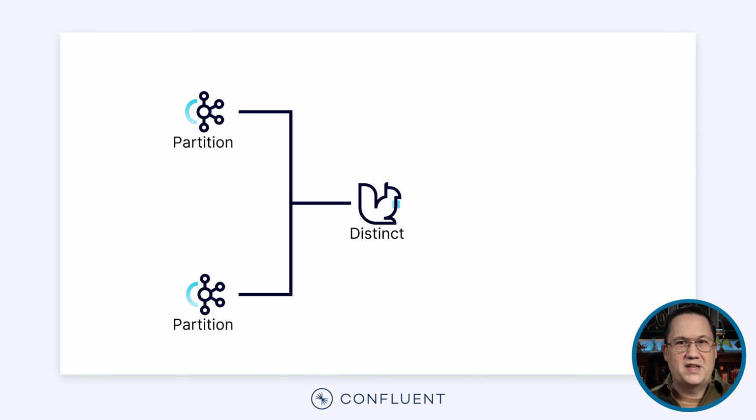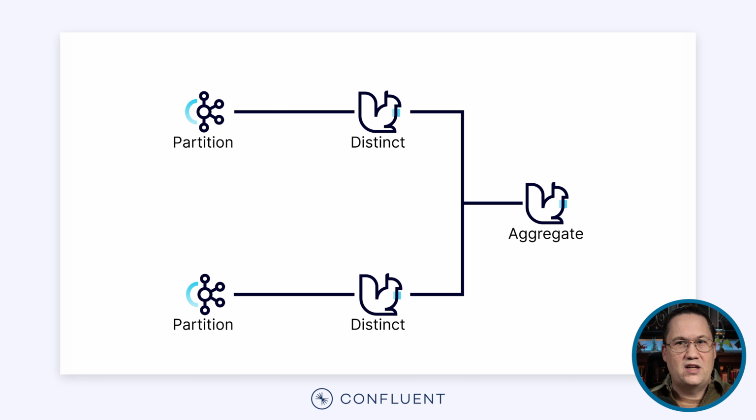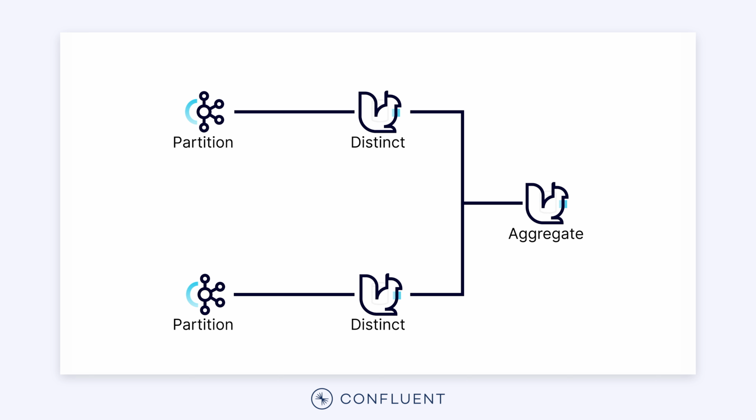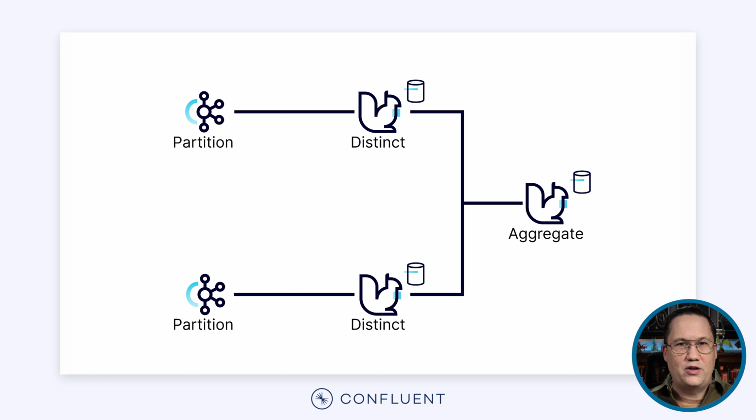Like a global sum, the distinct operation requires everything to be funneled through a single operator instance. However, similar to the sum, we can scale this by performing individual distinct operations on each partition and then aggregating them in a final step. But there's a difference. Distinct has to collect all the values it has seen. These values are stored in each operator, including the aggregation.